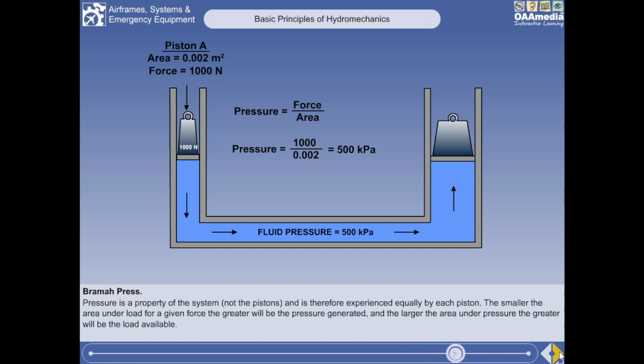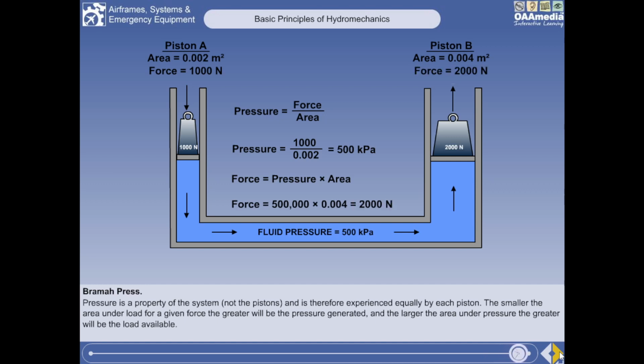According to Pascal, this pressure will be felt throughout the whole system. Piston B has an area of 0.004 square meters. It will therefore be able to support a force of 500,000 multiplied by 0.004, which is 2,000 newtons.